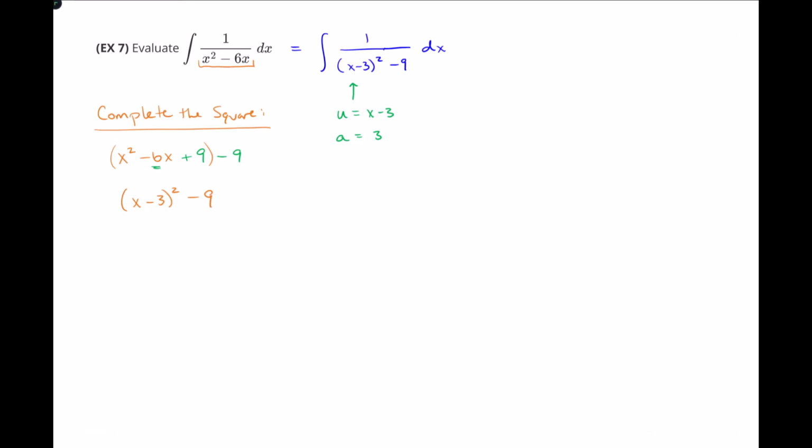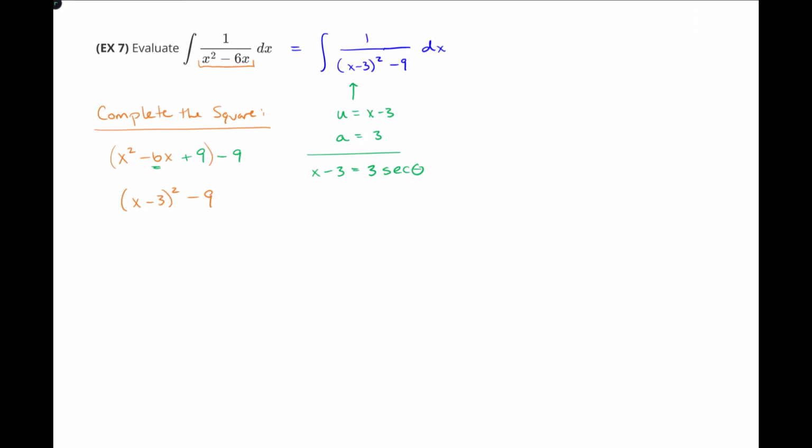So the substitution that I would use would be u equals a. In this case, it's going to be secant theta because it's the function minus a constant form.